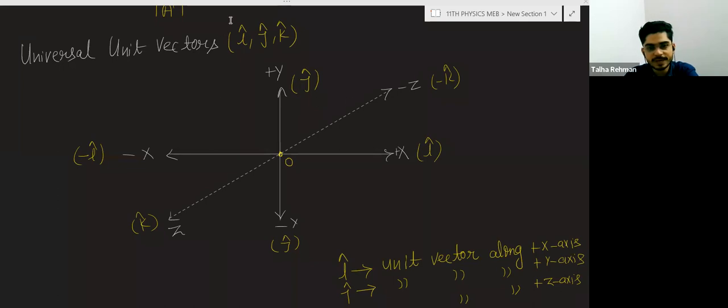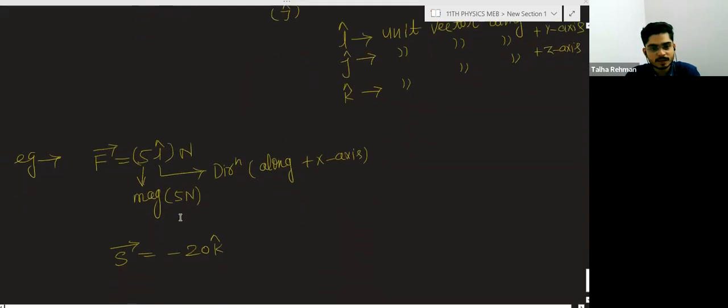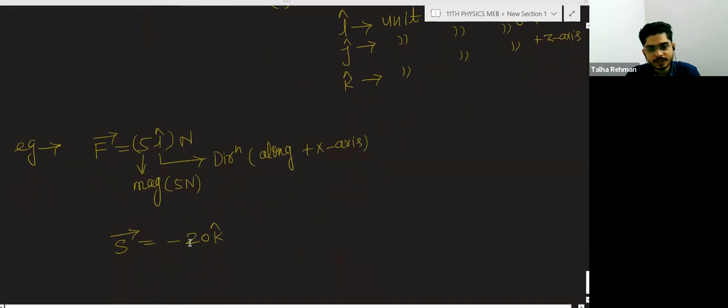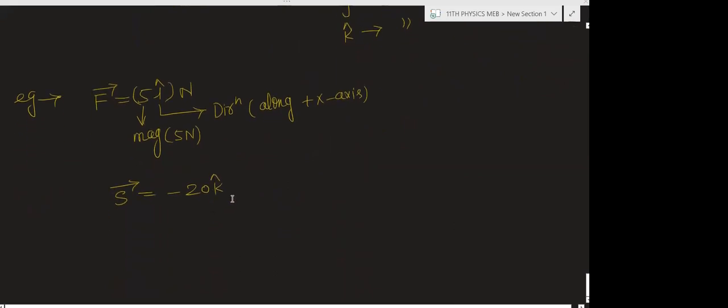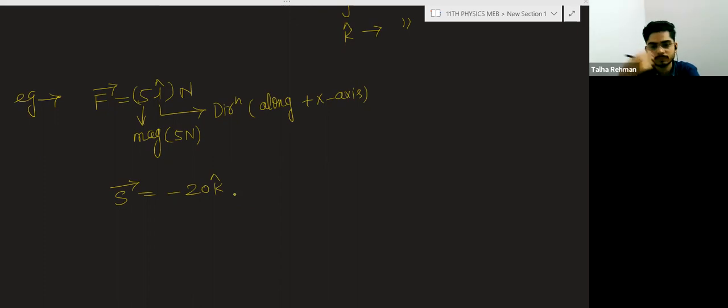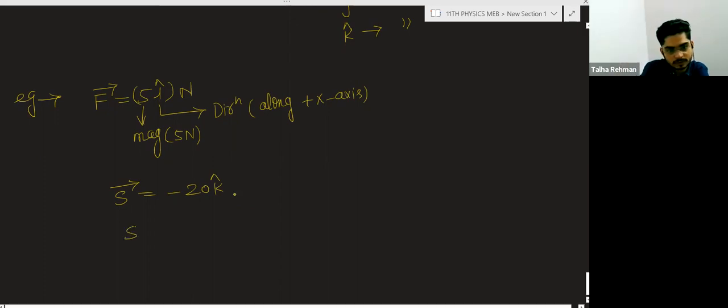See this diagram, and in this diagram you can see there are different vectors. Joylin, just tell me, what is the magnitude and what is the direction of this displacement vector? Magnitude is minus 20, and the direction is in the y-axis, no, z-axis.